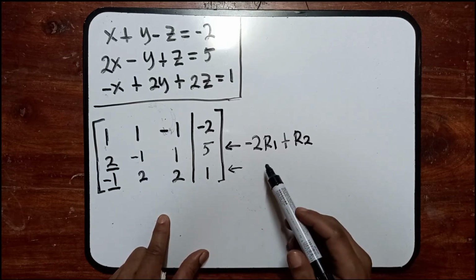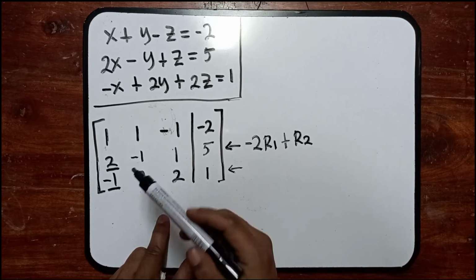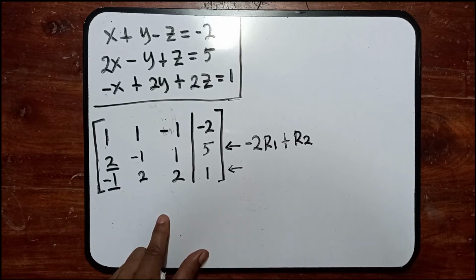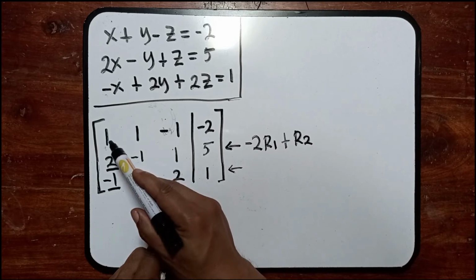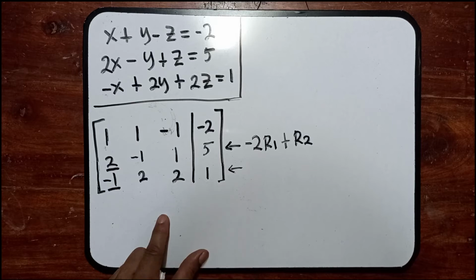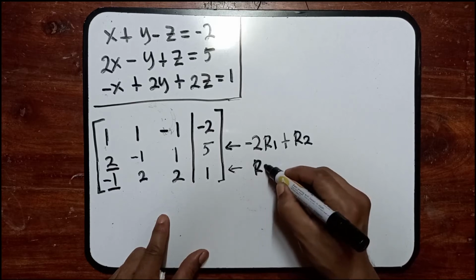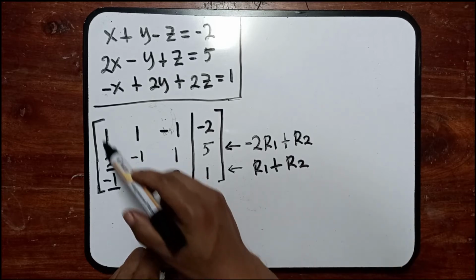Okay, let's have another row operation here. What number do you think that when multiplied to this or added to this, will give us 0? Maybe we can use R1 plus negative 1, it will become 0. So let's write here R1 plus R2. Obviously it will give us 0.